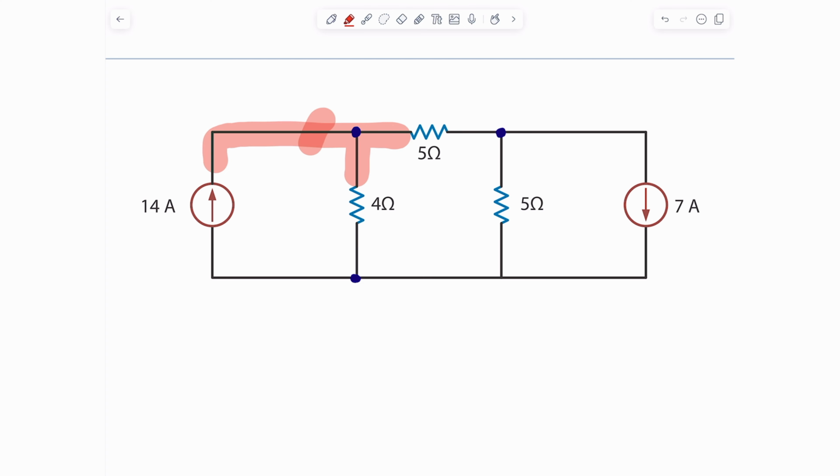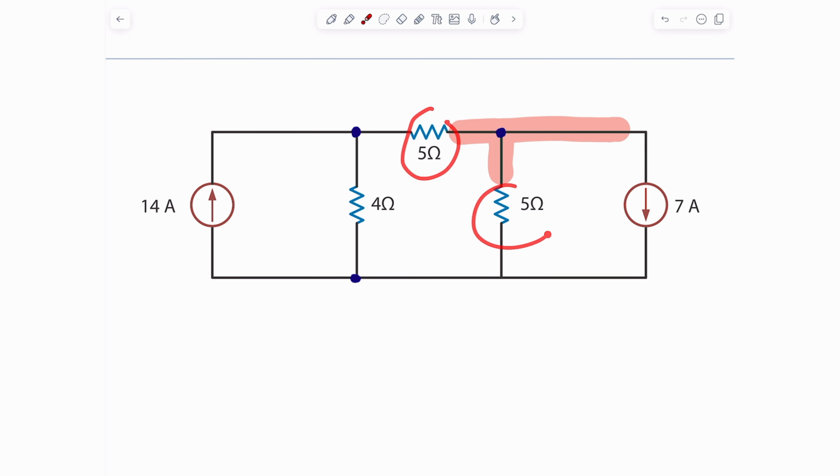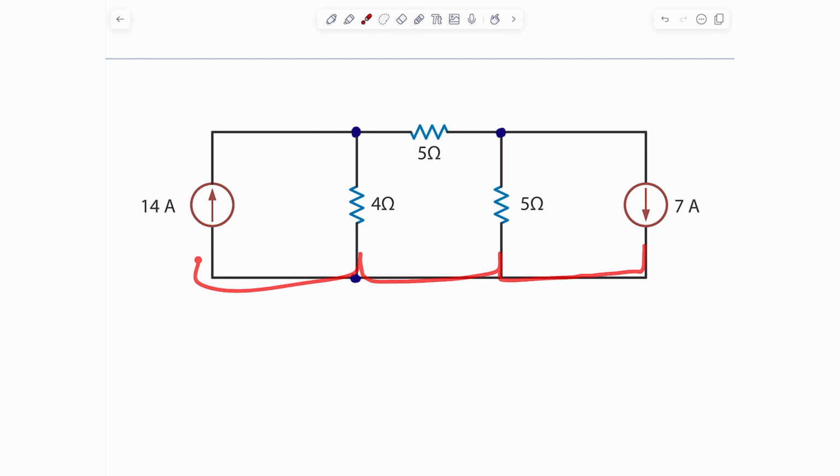The second node connects also three elements: the 5 ohms, the other 5 ohms, and the 7 amps. So that's why it's an essential node. And the bottom one simply connects 1, 2, 3, and 4 elements, so that's why it's also an essential node. So the first step is to identify these essential nodes.